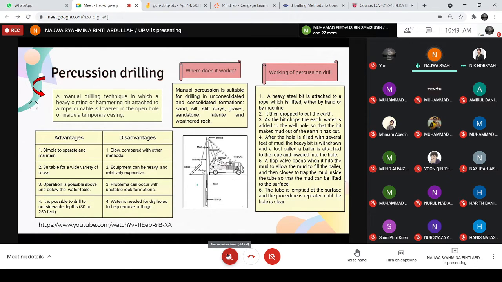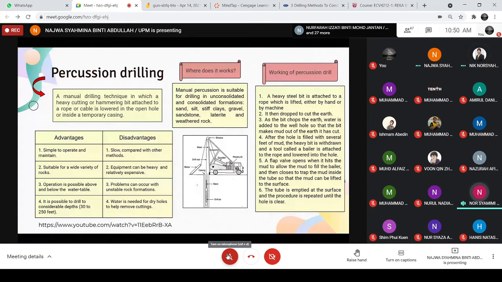I think it is for foundation only. Okay, so from our research, for percussion drilling, first, the purpose is to obtain a hole, like Najwa said just now.